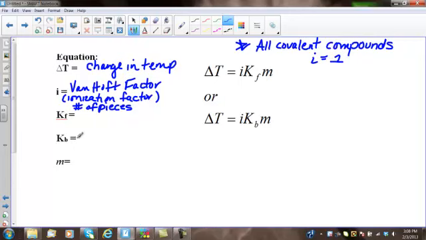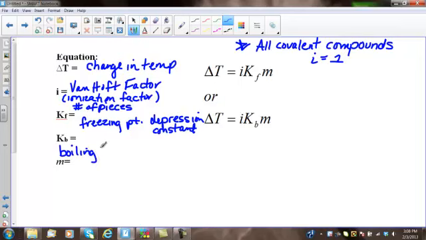Okay, that's important. Kf is our freezing point depression constant, and this is going to depend on the substance that you're dealing with, and Kb is the boiling point elevation constant.